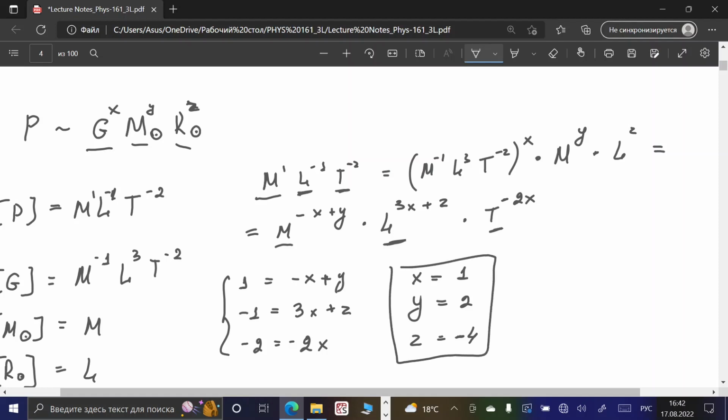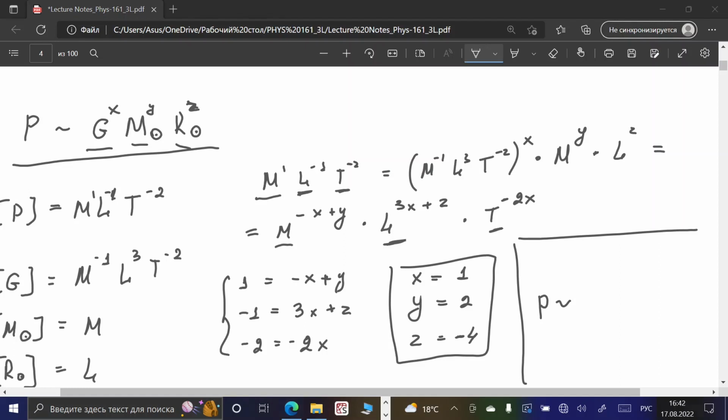Keep this in mind, and we need to recall what we started from. We started with this suggestion for pressure inside the star. So now let us substitute instead of x, y, z their values which we determined. So we get P, pressure inside the star, like let's say our sun, will be proportional to G, gravitational constant in power 1, so we just don't write it.